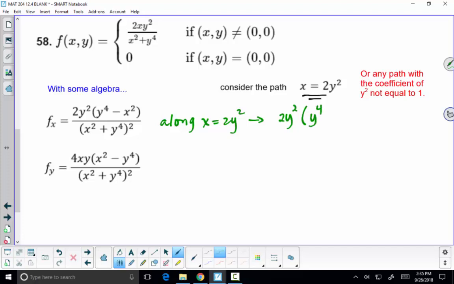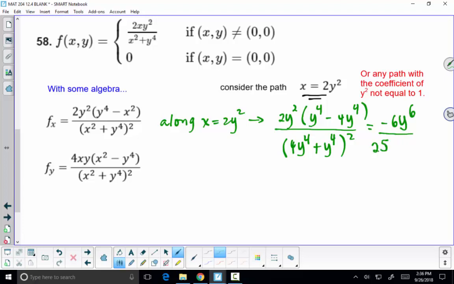We're going to get 4y to the 4 divided by 4y to the 4 plus y to the 4, all squared. Let's simplify that. It's minus 3y to the 4th multiplied by 2y squared, so minus 6y to the 6 divided by 5 squared, which is 25, y to the 8th. That equals minus 6 over 25y squared.